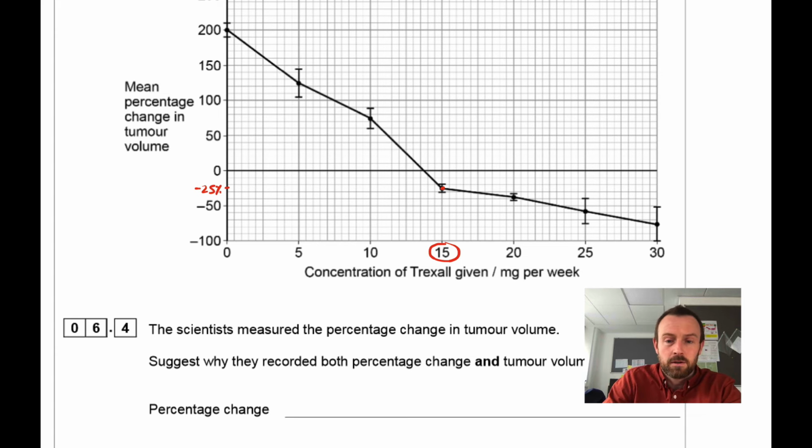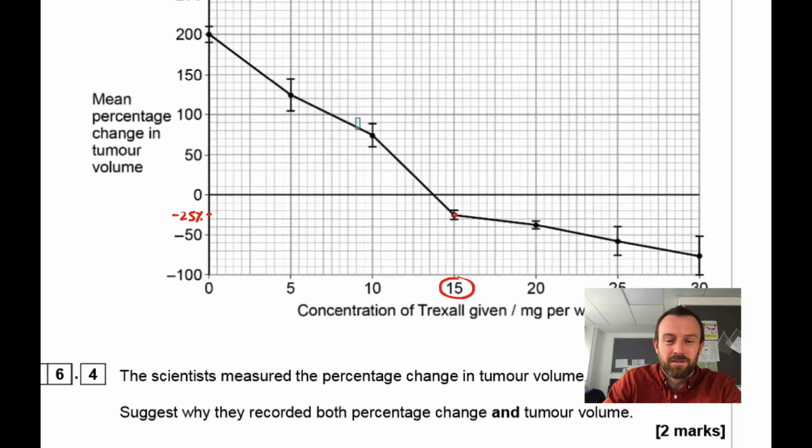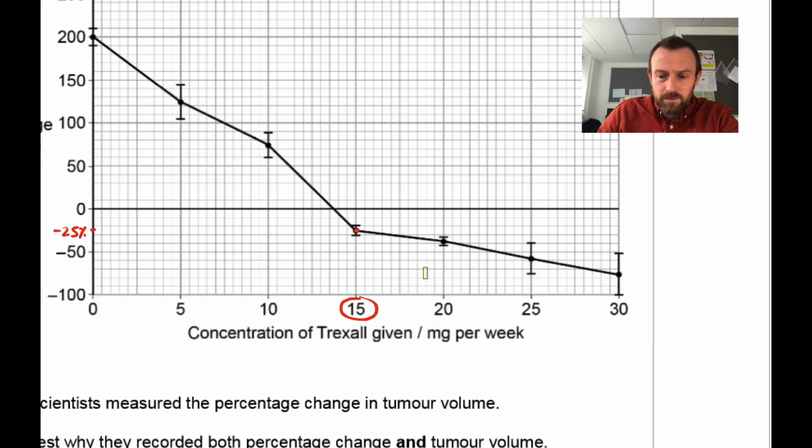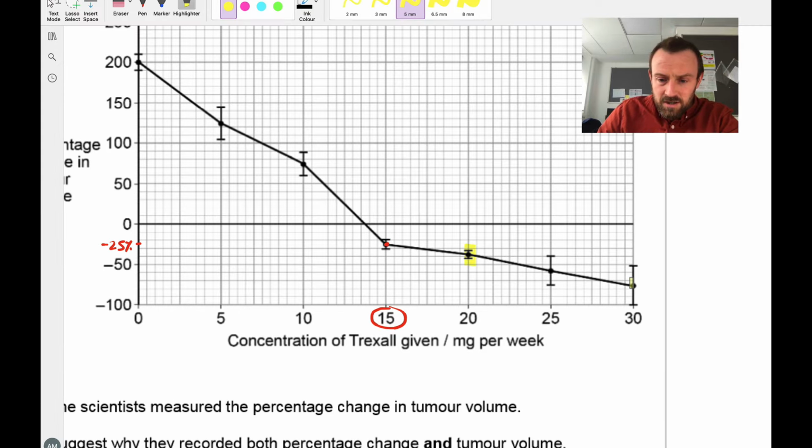So I think we need to talk about the error bars here. So 20, we're in this range. 30, we're in this range. There is quite a high standard deviation, or a large error for 30, but it is significantly lower than 20. If we look at the positions where those error bars end, that's where that one ends, and that's where that one ends, so they don't overlap.